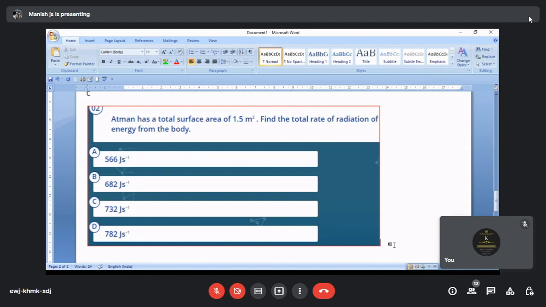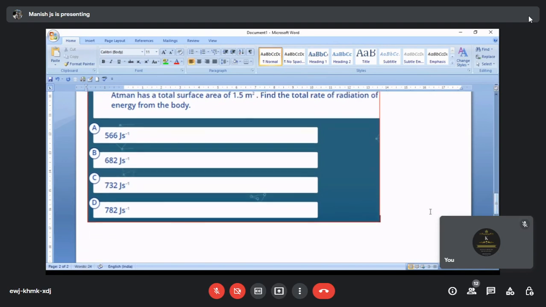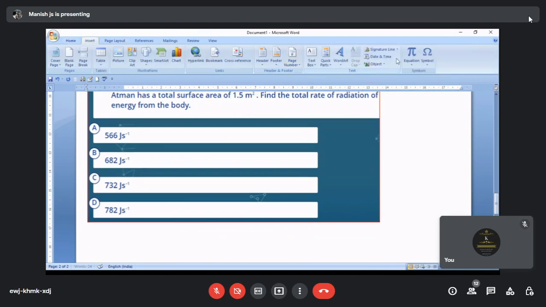Joule per second, 566 joule per second? No, it is not 566 joules per second. For this they use a different law, like Wien's displacement law or Stephen's law. Any idea? Stephen's law.